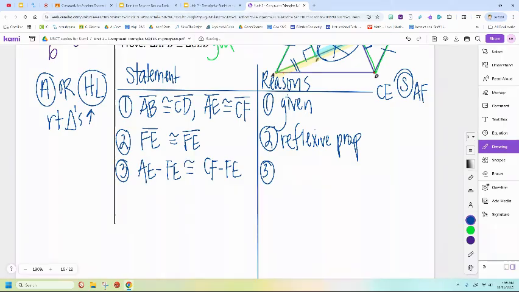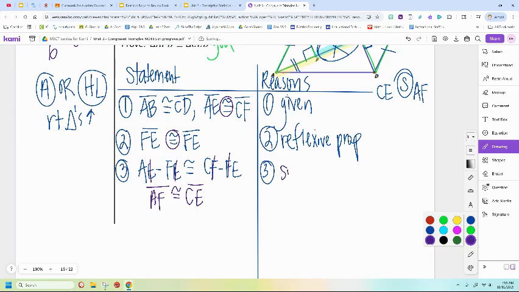So I am doing exactly what the postulate says. I'm taking congruent segments that are overlapping and subtracting them so I can get additional congruent segments. So the E's will cancel, leaving me with AF. And then the F's will cancel, leaving me with CE.